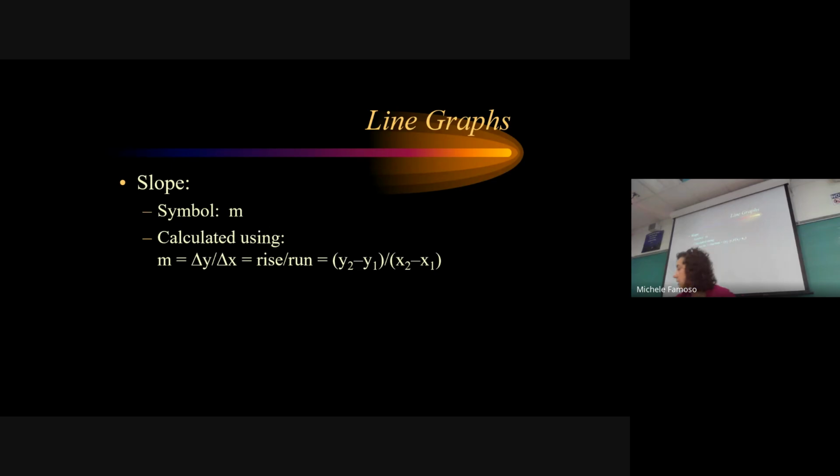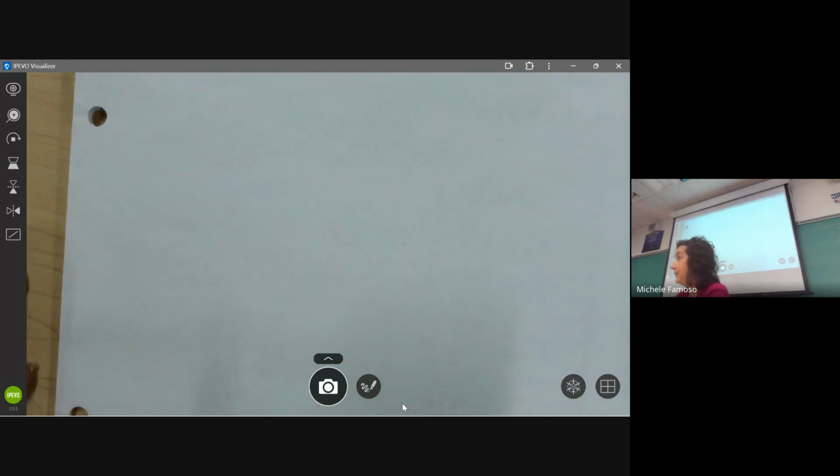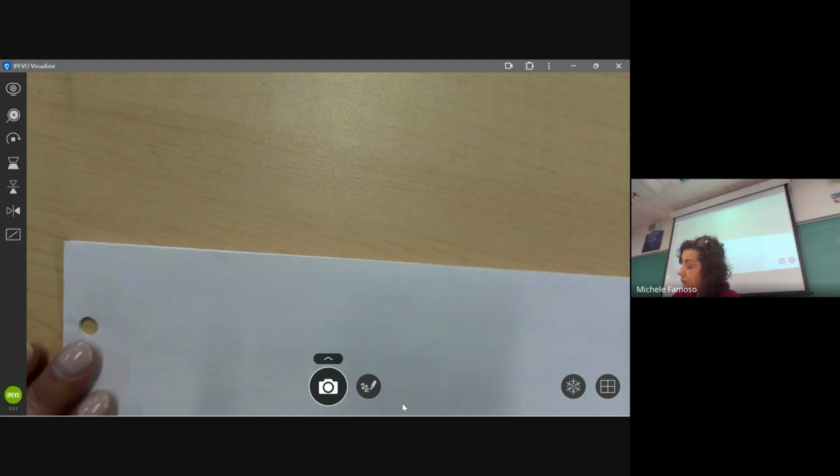Now, because I know that it may have been a little while since you've calculated slopes, I've told you to take out your reference table. We're going to add this equation to our reference table before we do anything else. So let's go to the end of your reference table. You have a blank page. This would be page 7 if we were to number it.